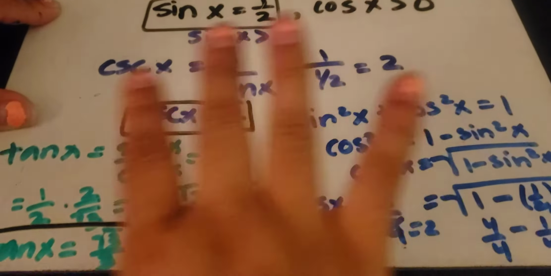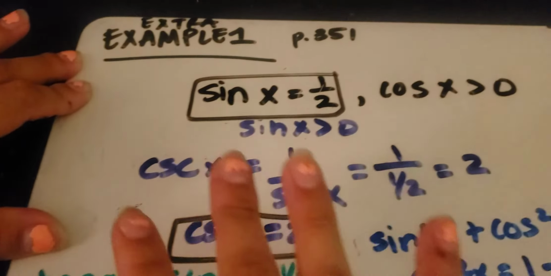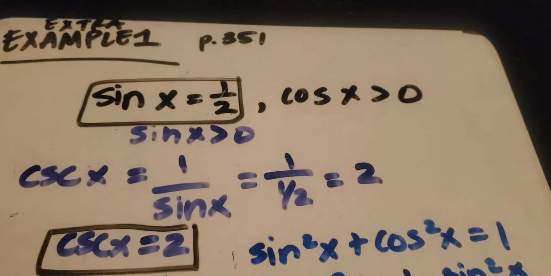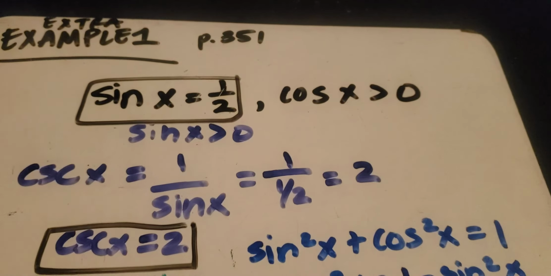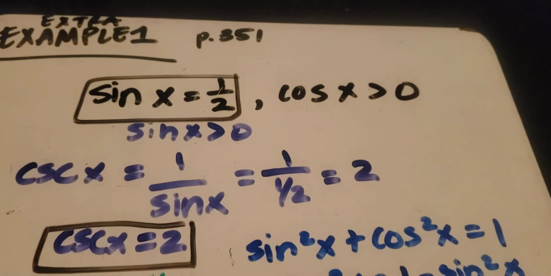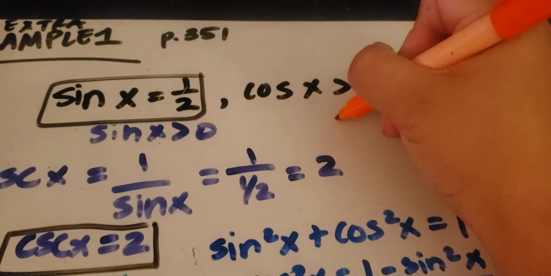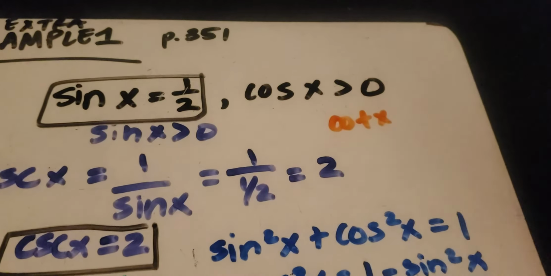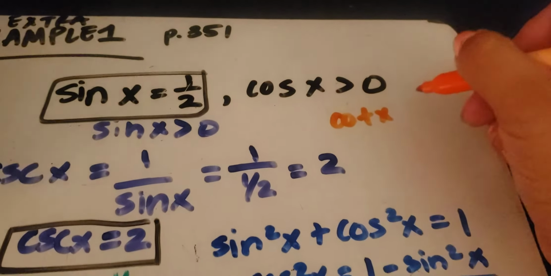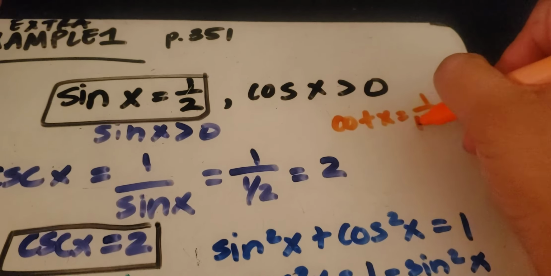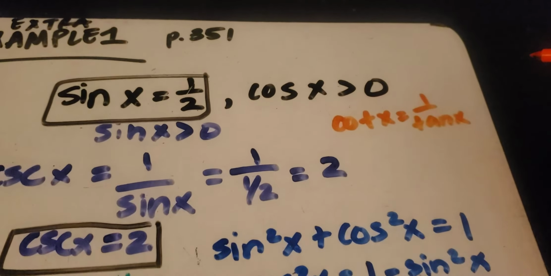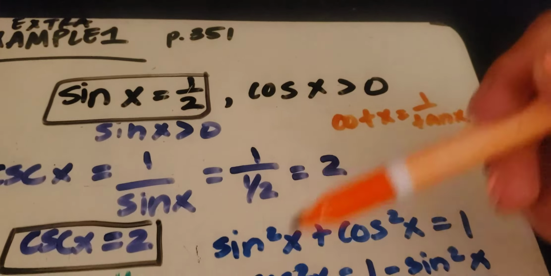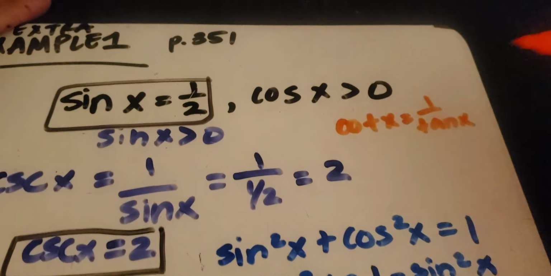Okay? I'm trying to keep it all in the same whiteboard, so I think I can do it here, okay? So let me grab a different marker. So we know that cotangent of x is just the reciprocal of tangent of x. So 1 over tangent of x. So technically all I have to do is just flip what I already have.